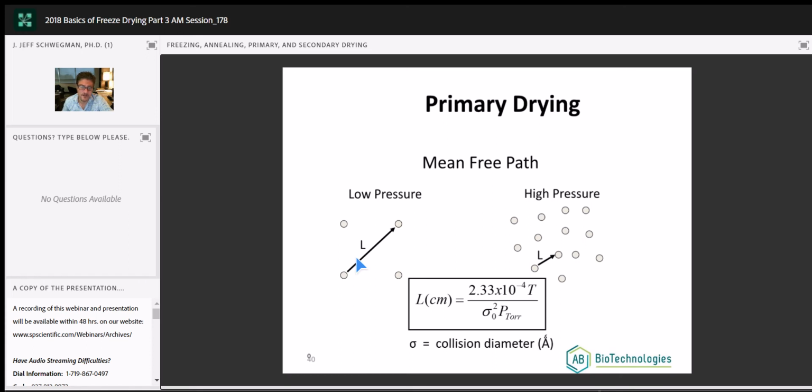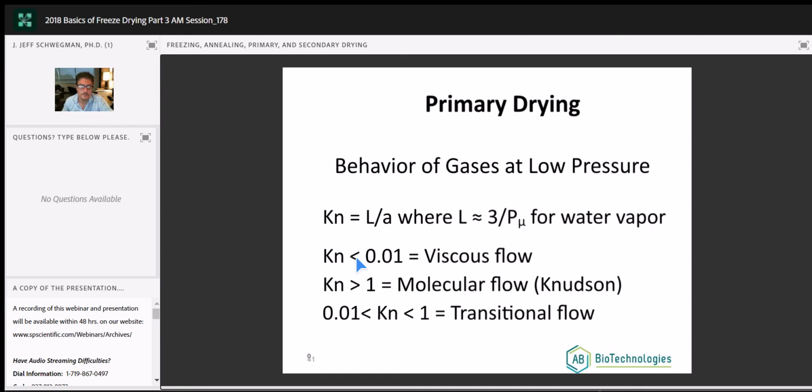So it's basically a function of the temperature and the pressure in the chamber and the collision diameter of the molecule itself. The Knudsen number is a function of the mean free path divided by A. Again, A is the diameter of the pore we're trying to get through. We solve it for a water molecule. It's about 3 divided by the pressure for water vapor.